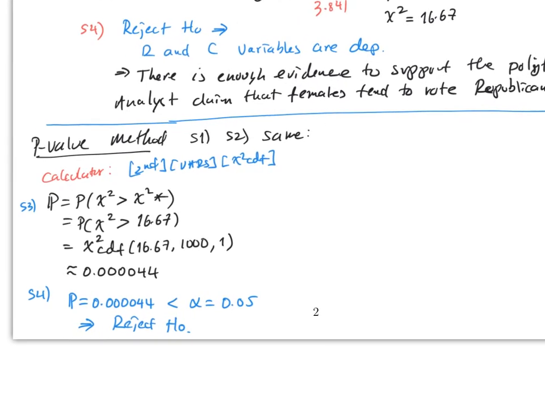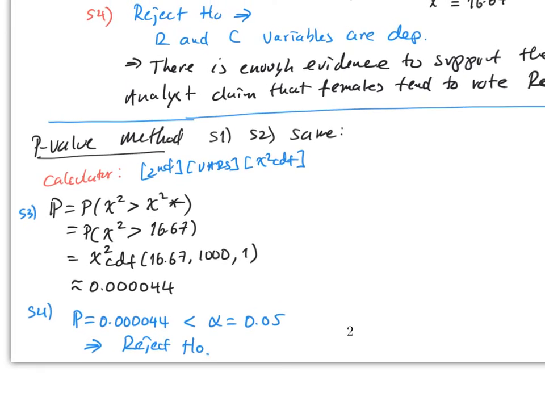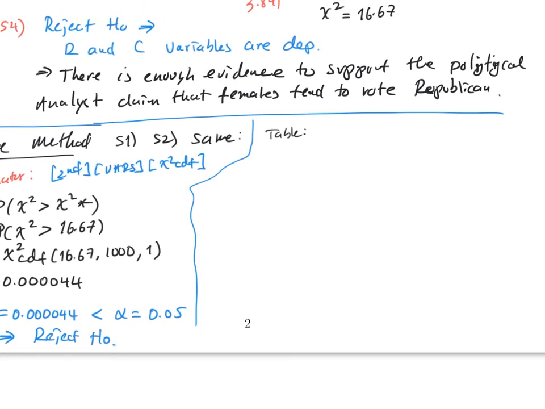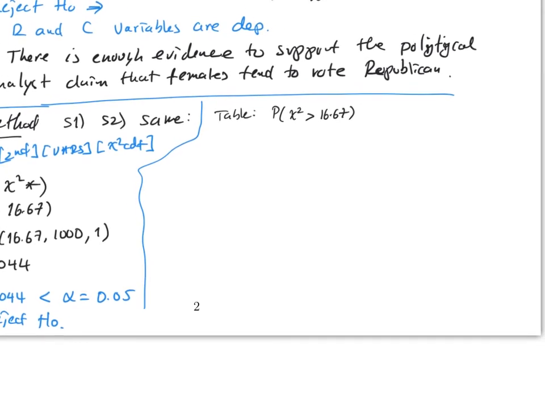Now let's do this using the table, just in case you don't have a fancy calculator. So we use the table. Remember that the table only gives you an approximation, but that's all you need. We still need to find the probability that chi squared is greater than 16.67. That's not going to change.